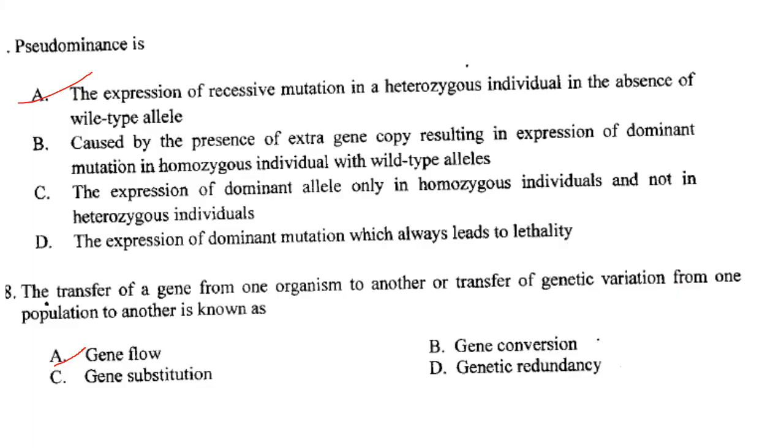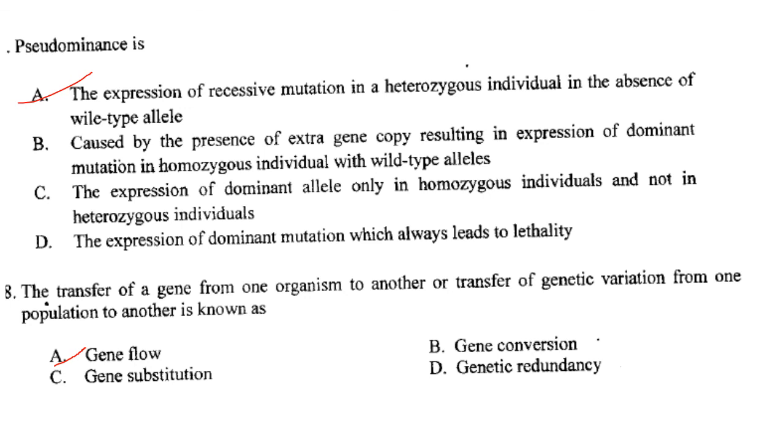Then next one, pseudo dominance. Pseudo dominance is the expression of recessive mutation in a heterozygous individual in the absence of wild type allele. Answer is option A. The transfer of gene from one organism to another, or transfer of genetic variation from one population to another, is known as gene flow.